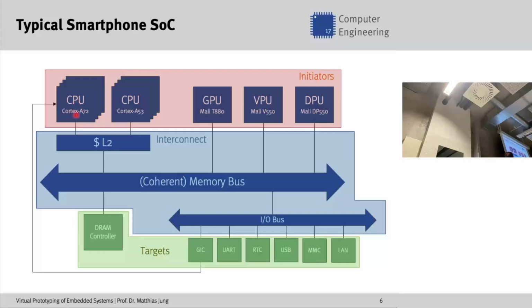So the CPU initiates a communication. The interconnect gets this as a target, but then if we have, for example, a cache miss, then also the interconnect component, like the cache, will initiate a new communication. So the interconnect is an initiator and a target at the same time. Okay, so that's the semantic, how we name modules in TLM.